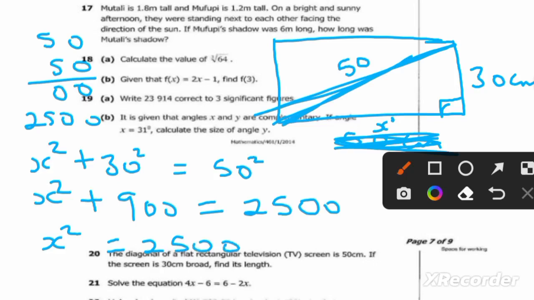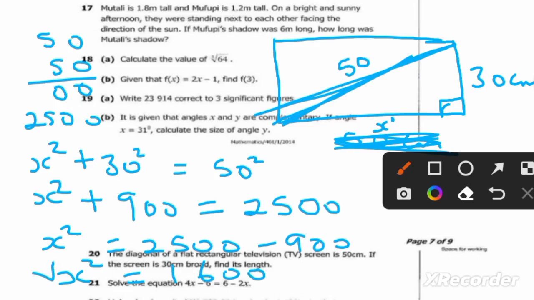2,500 minus 900. So x squared is equal to 2,500 minus 900. We are going to have 1,600.